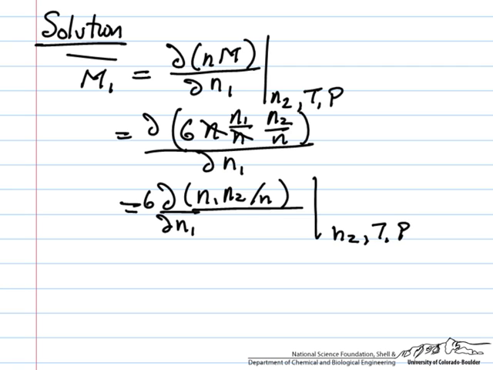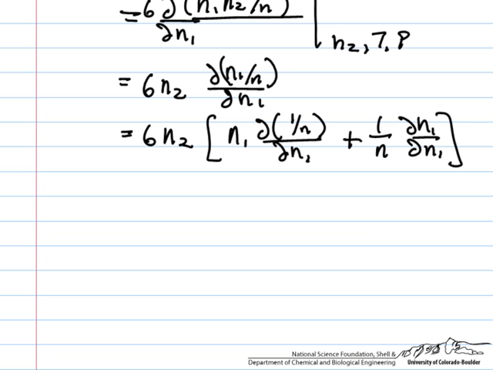So that means I can rewrite this as 6 times n2, times the partial of n1 over n with respect to n1. And then I'll use the product rule to do the differentiation. I've written out the product rule here. I'll keep n1 constant and differentiate 1 over n, and then I'll keep 1 over n constant and differentiate n1.